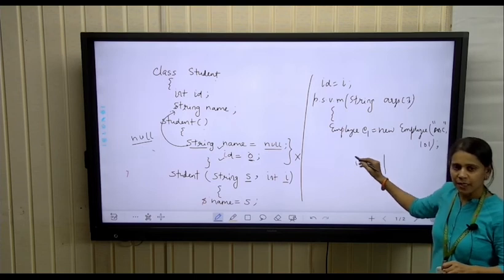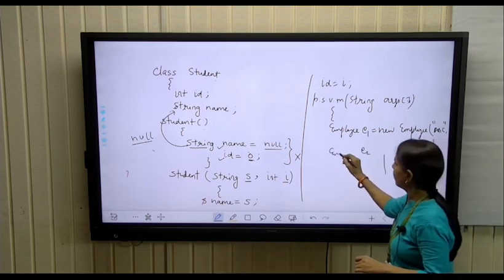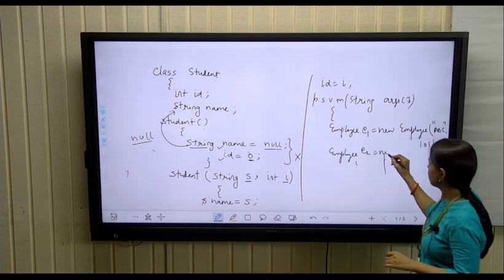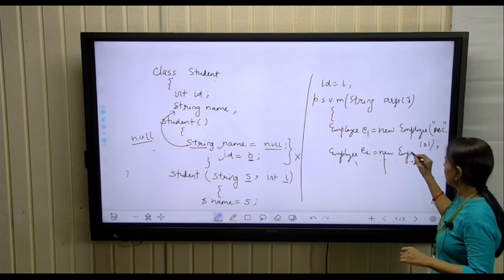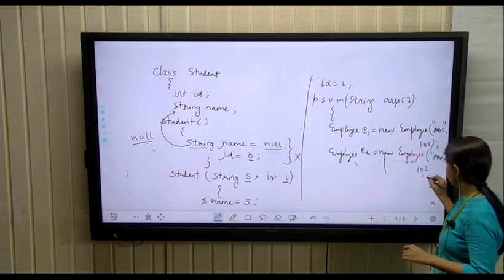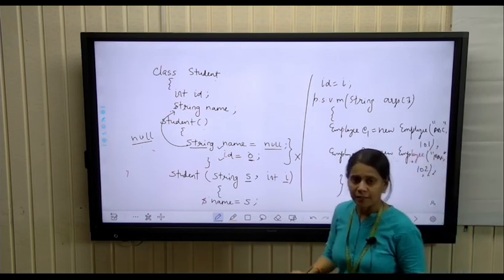Likewise, we have to create another object E2. How many objects do you want to create in a class? You can create according to employee, and you can change or initiate the properties. Clear? This is the final actually, right?